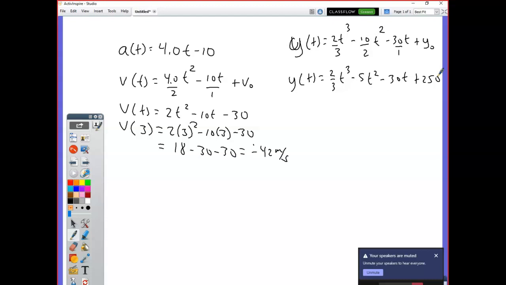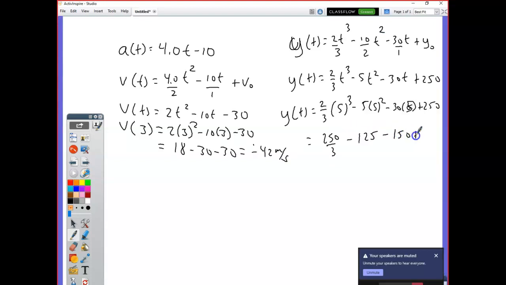Plug in 5. Just plug in a 5 everywhere. 83.3.